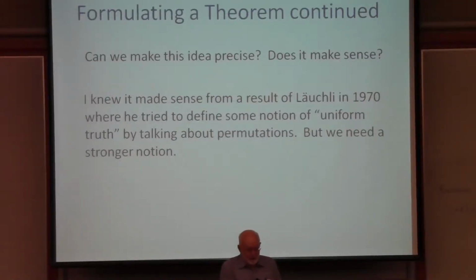And Lauchli, in 1970, wrote a paper that I thought was it. You know, I thought he really had it, but his proof was classical. But he had the idea of uniformity. He thought the only thing missing from Beth's approach, he didn't use the term realizer yet, was that somehow the evidence has to be uniform. And I don't know how he got that intuition. He doesn't say. But he translated that into the idea of permutations on the domain.